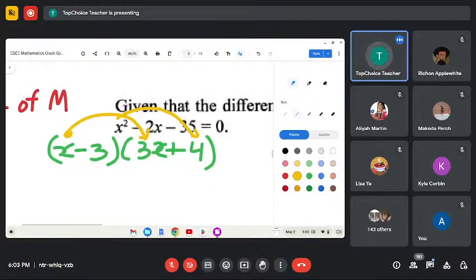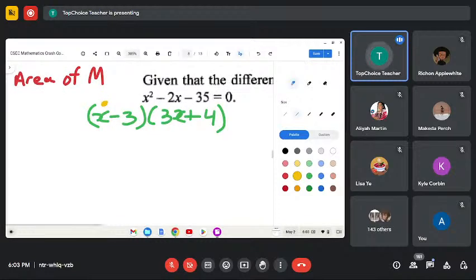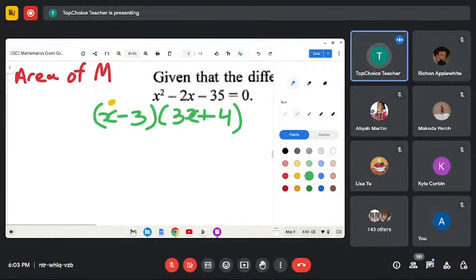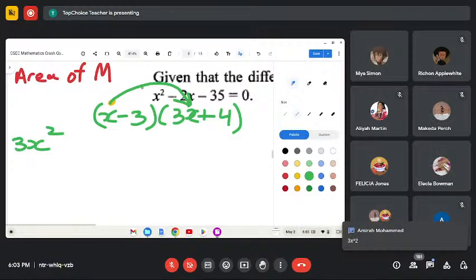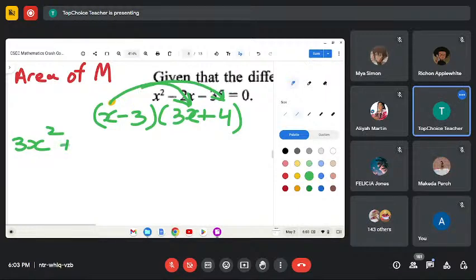Those are the two things you need to pay attention to. So what is x multiplied by 3x? 3x squared. What is x multiplied by 4? 4x, so that'll be positive 4x.